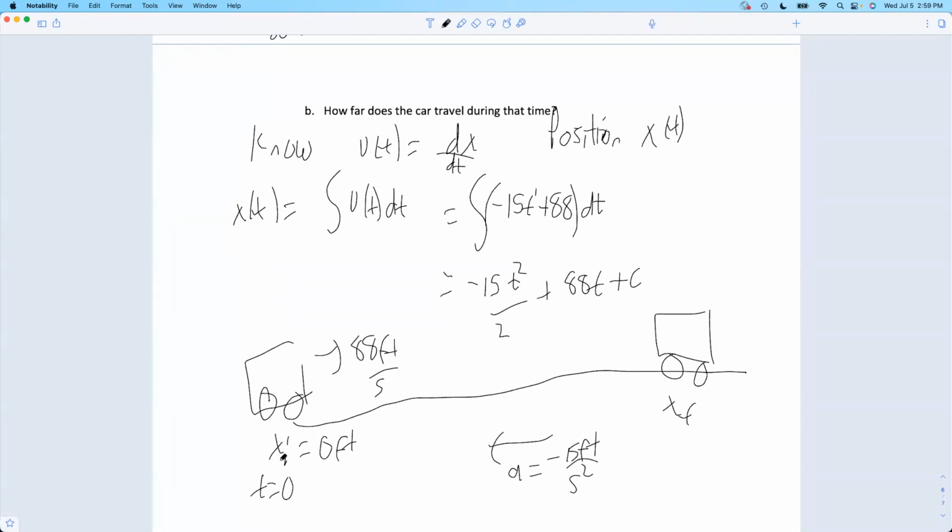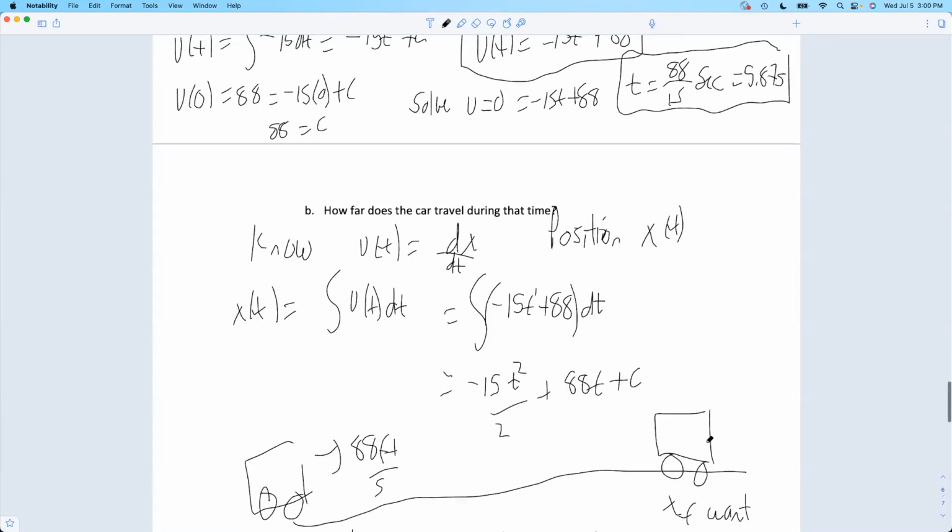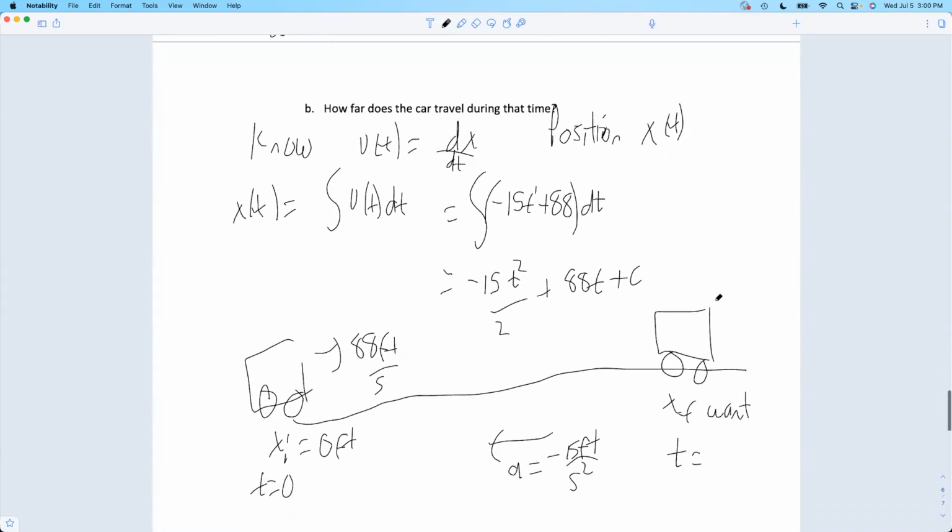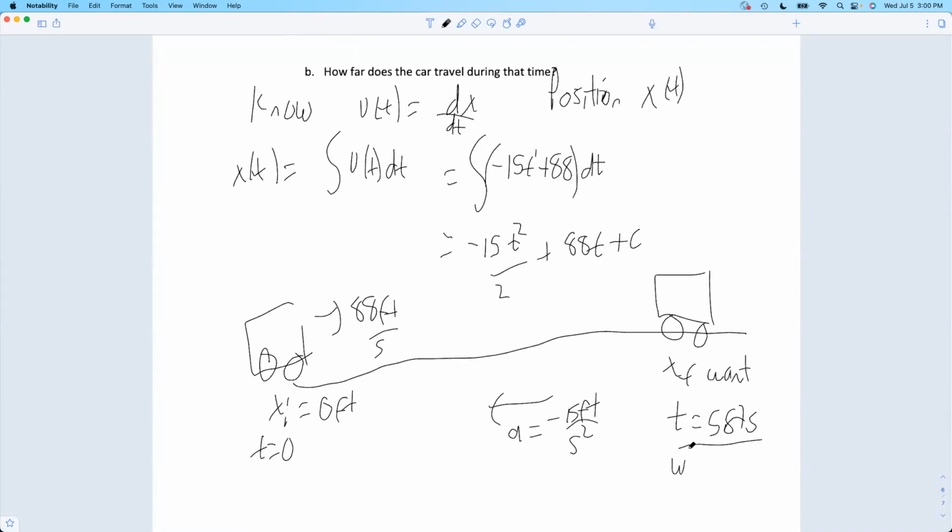Right here, I started my clock at that spot, and I'm naming that x equals 0. This is what I want. I know that occurs when t equals 5.87 seconds, and that happens to be when v equals 0.